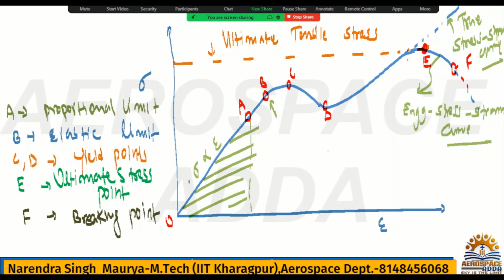The lower yield point will be at point D, and what occurs at the lower yield point? It is the point at which the minimum load or stress is required to maintain plastic deformation, called the lower yield point. And what is the upper yield point? I'm talking about point C. This is the point at which the maximum load or stress is required to initiate plastic deformation.